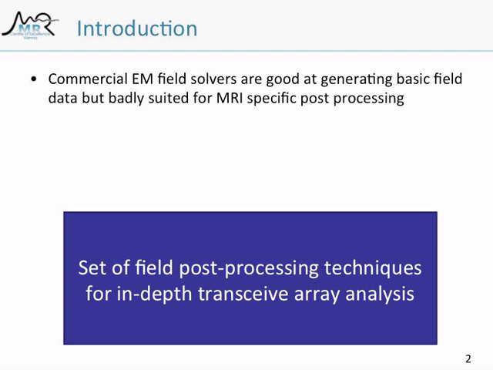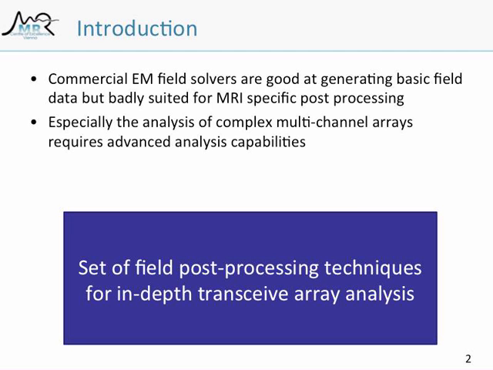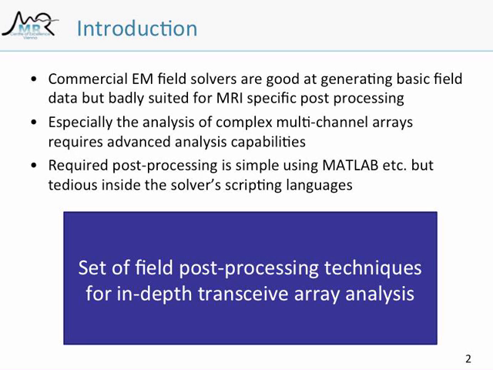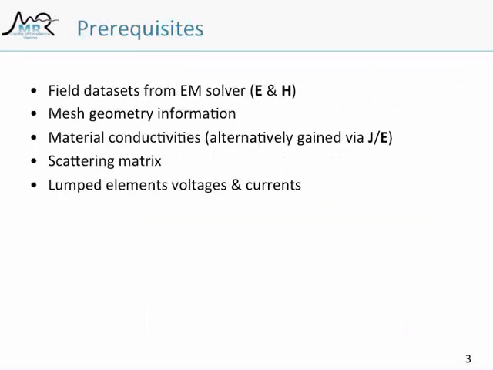I know CST is getting there a little bit. Whoever tried analyzing complex multi-channel coil arrays in the EM suite alone had a bad time, but it's really simple to set something general up using MATLAB or Python or whatever to just do what you want.